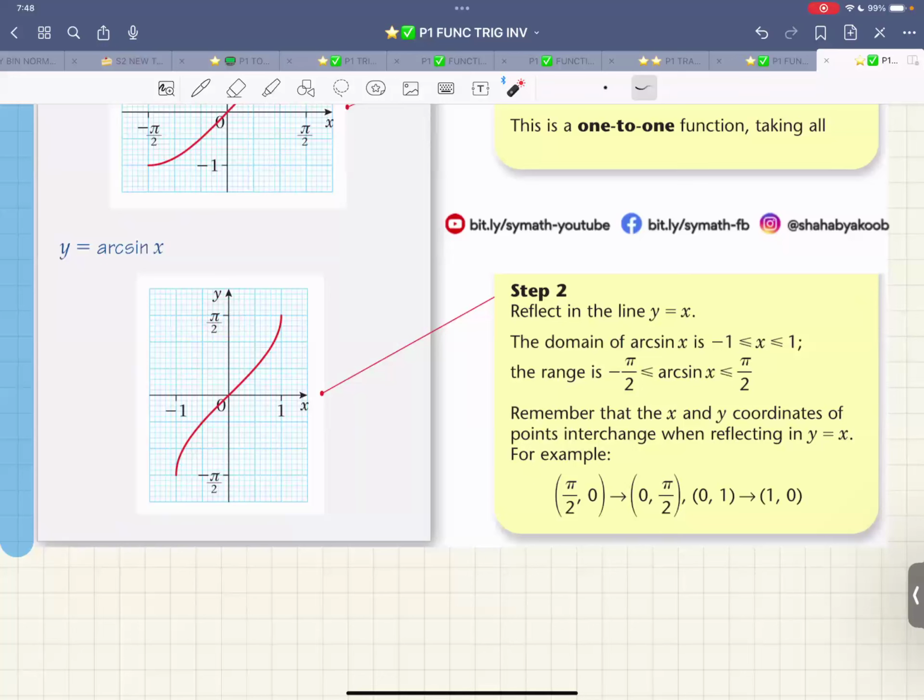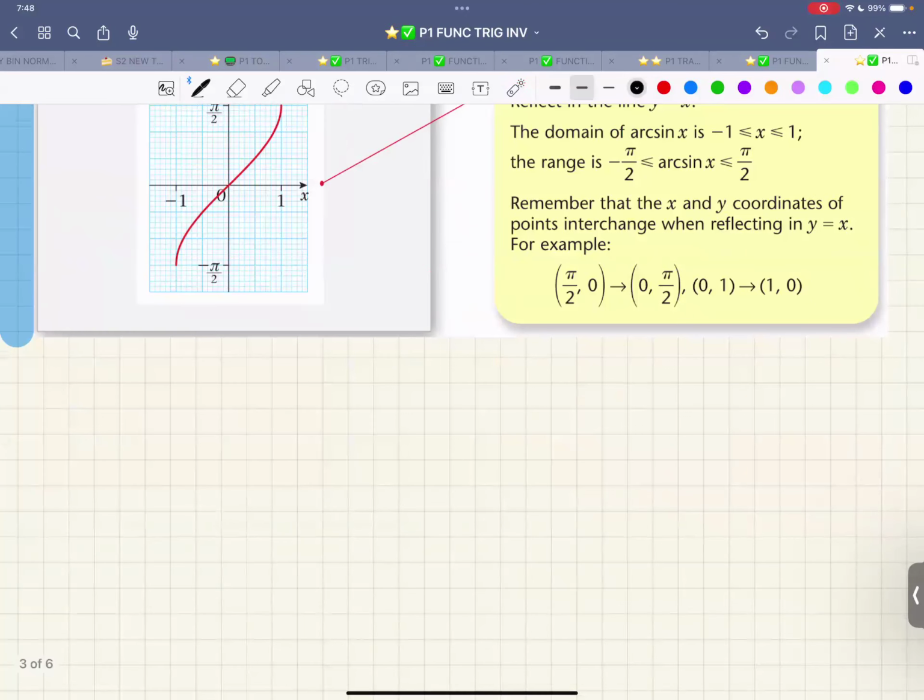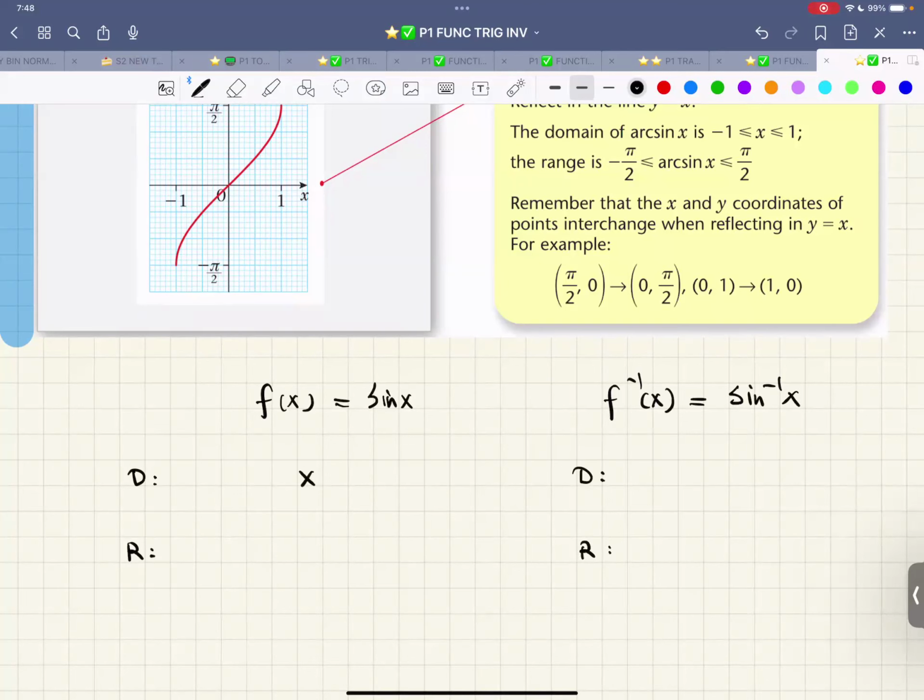Also notice the x values are now on the y-axis, and the y values -1 and 1 are on the x-axis. Let me write it like this. If f(x) = sin x and f inverse(x) = sine inverse x, this is domain, this is range. The domain is x lies between -π/2 and π/2.